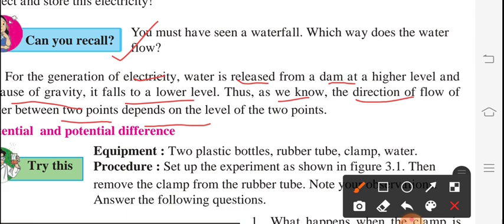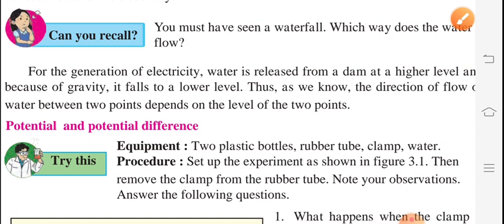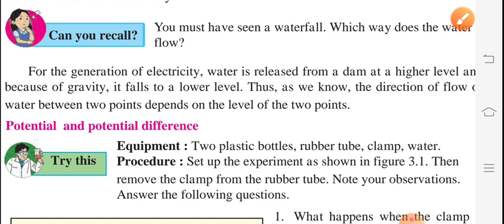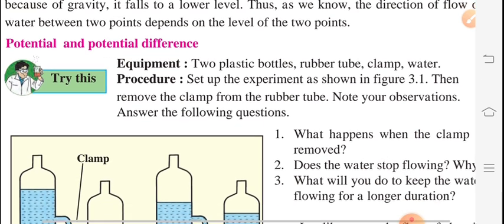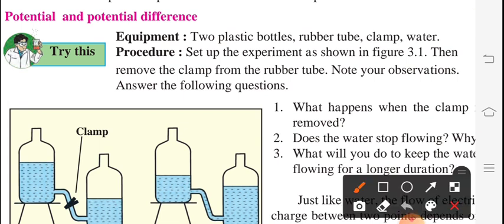So in that we are going to discuss potential and potential difference. Today's topic is potential and potential difference. The part which is like higher level to lower level comes in this potential and potential difference. Here is one experiment which we don't need to do, because as per the 25% reduced syllabus, this is removed.